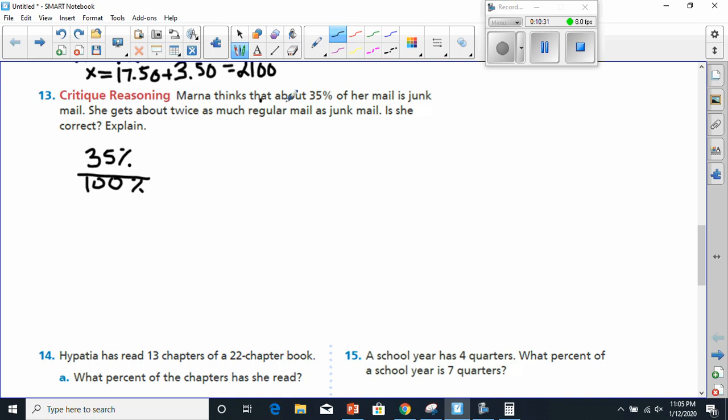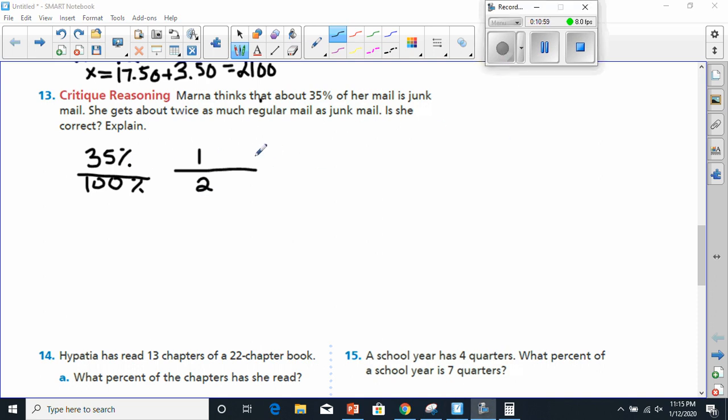Remember the 35% is her mail that is junk mail, so on the bottom has to be her regular mail. She gets about twice as much regular mail, so this would be 2 times as much. And now we've got our equation.